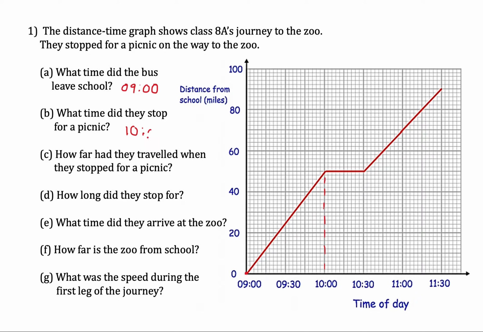How far had they travelled when they stopped for a picnic? They had travelled 50 miles. And how long did they stop for? They stopped until this time, 10:30, so they stopped for half an hour or 30 minutes.